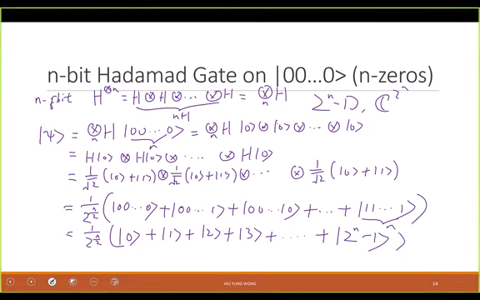If you feel confused, just substitute n equal to 2: it's 2 to the power 2 minus 1, not 2 minus 1. So I can write this as 1 over 2 to the power n divided by 2, summation x equal to 0 to 2 to the power n minus 1 of |x⟩.